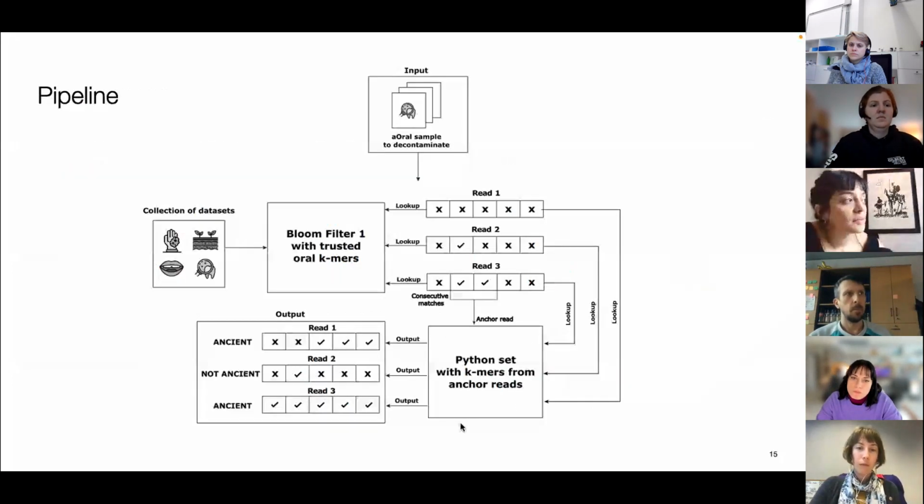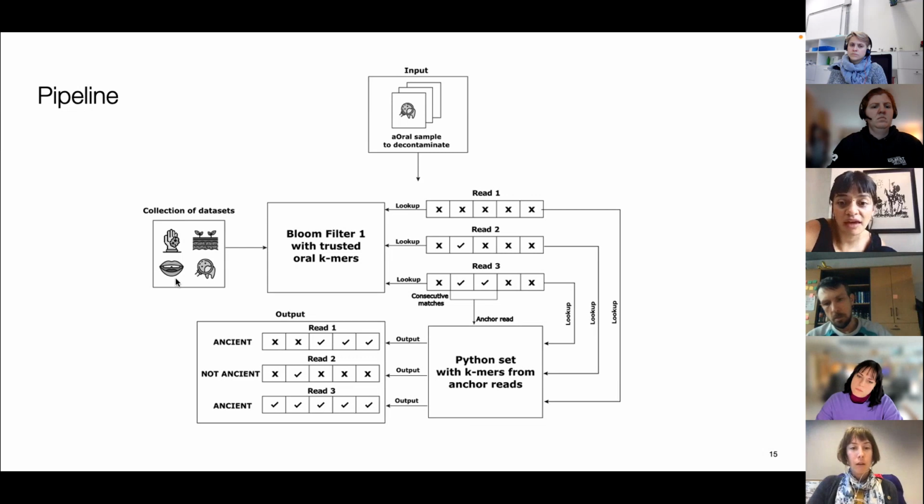No, we don't do any sort of pre-processing based on how conserved the reads are. But I guess that's something you could do. If you already know which regions those are, then you could pre-select those. But you're talking about your input sample, or the k-mers that we use to build the Bloom filter?